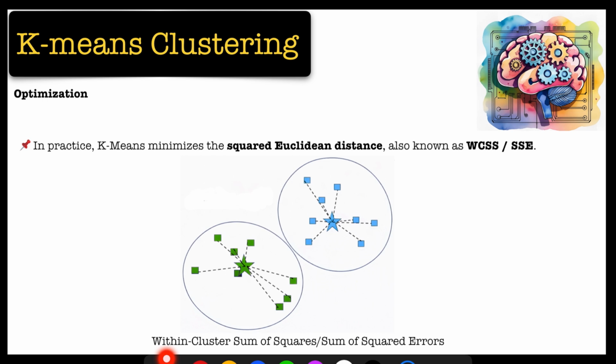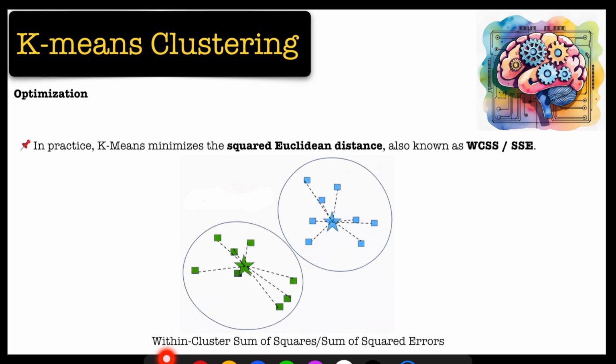Now we'll talk about the optimization, how long this algorithm we saw should run. So in practice, K-means minimizes the squared Euclidean distance, also known as WCSS or SSE. What is WCSS? It's within-cluster sum of squares, also called sum of squared errors. So let's say there are these two clusters, right? For this cluster, you see these are the points and this is the centroid.